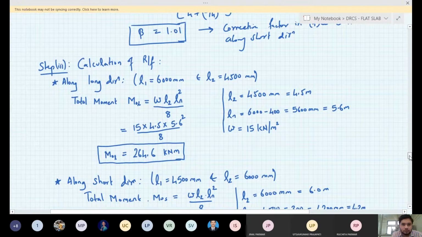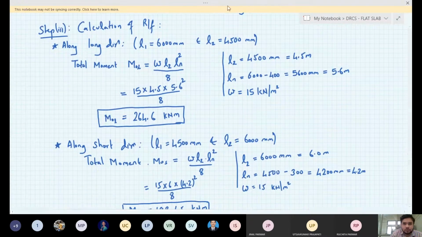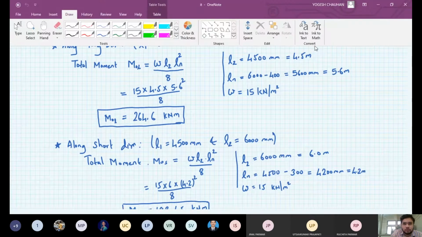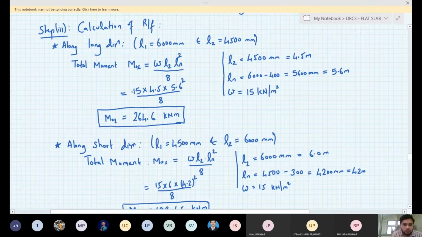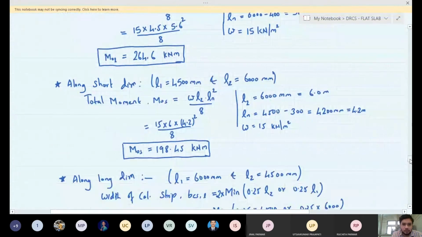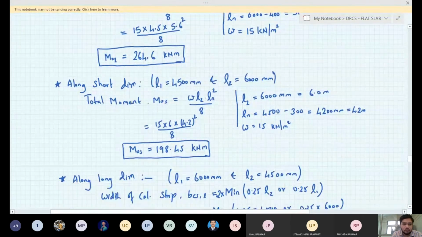In the calculation of reinforcement, we find out the total moment, and we also found out the total moment along the short and long direction.